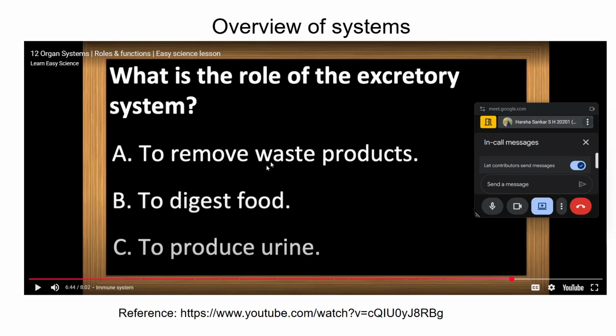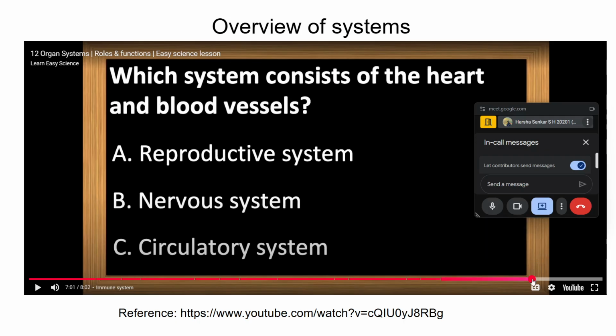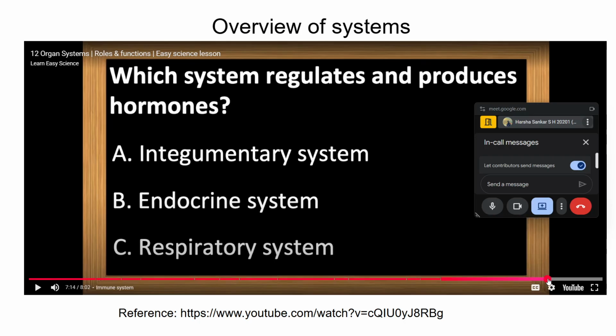It's different. Digest food, digestive system. Good. That is the skin's outer layer. That is what we discussed today, no? The class, everything, all the glands.